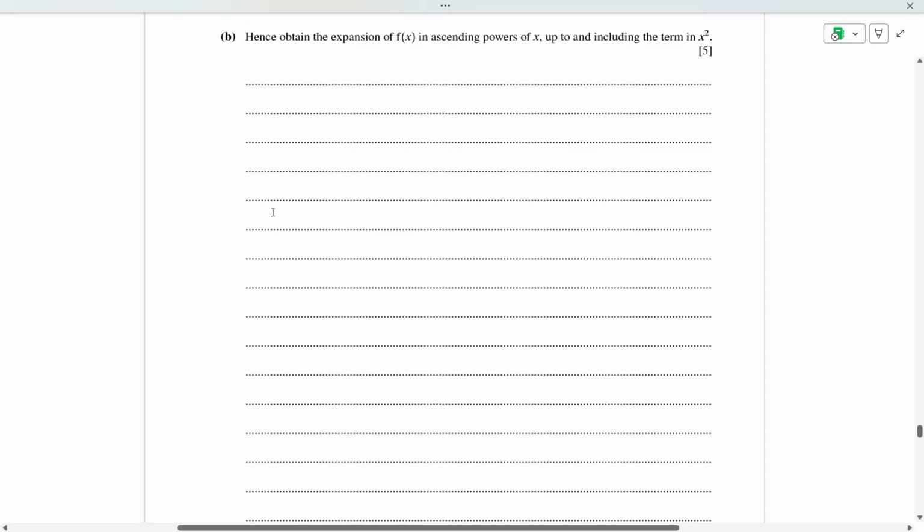And for this part, I want to show you the best way to attempt this question so that you don't make mistakes. Most people know how to do the expansion, but then they make silly mistakes and end up losing marks.